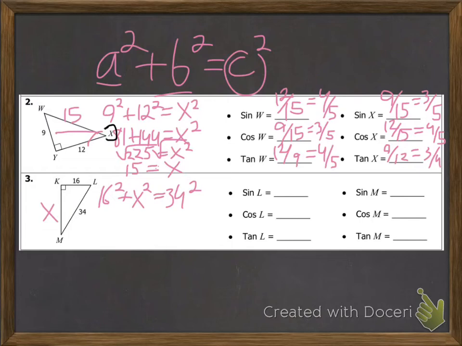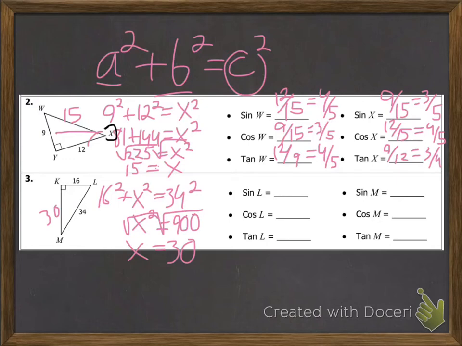So when you get everything multiplied out and subtracted, you're going to end up getting x squared equals 900. Once again, do the square root, and that leg is going to be equal to 30. So I'm going to go ahead and erase the x and put 30.